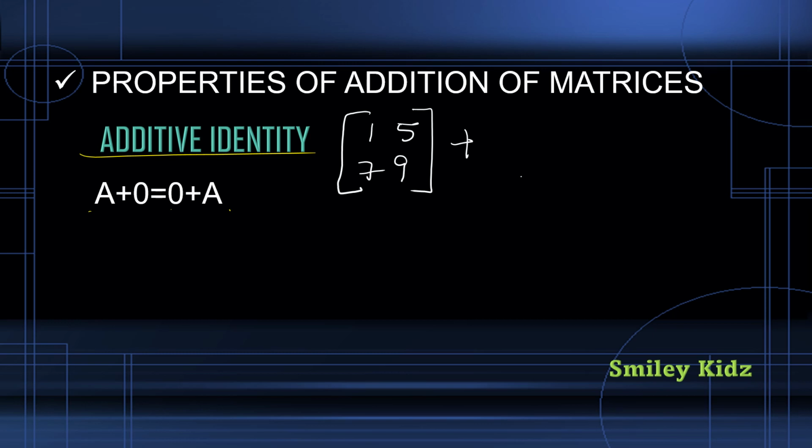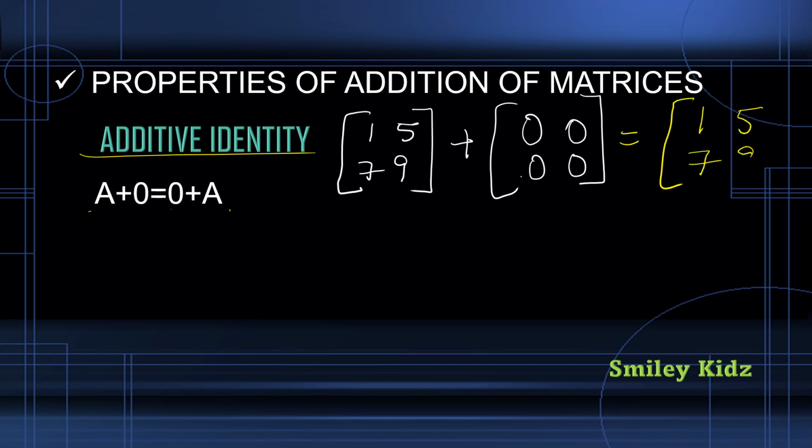Whenever I'm talking about 0, it means the zero matrix. How is a zero matrix formed? 0, 0, 0, 0. Now this will be equal to 1, 5, 7, 9. How? 1 plus 0 is 1, 5 plus 0 is 5, 7 plus 0 is 7, 9 plus 0 is 9. So this is what we got.